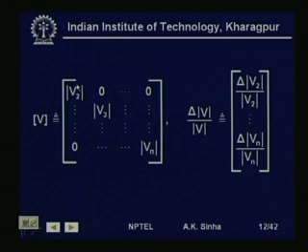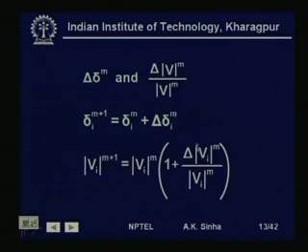That is what we had been using from the very beginning. So, bus 1 is considered a slack bus. So, V is V 2, V 3 up to V n, and delta V by V is delta V 2 by V 2, and so on up to delta V n by V n. So, this is what we get.